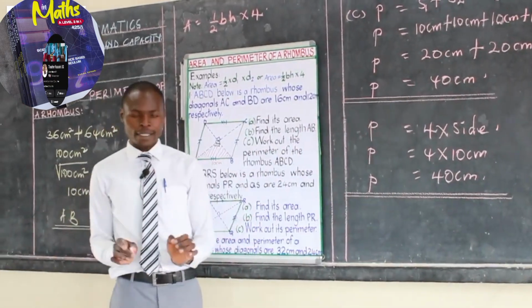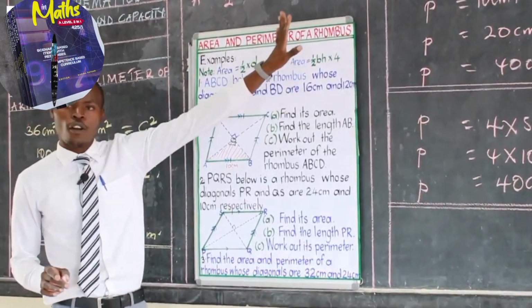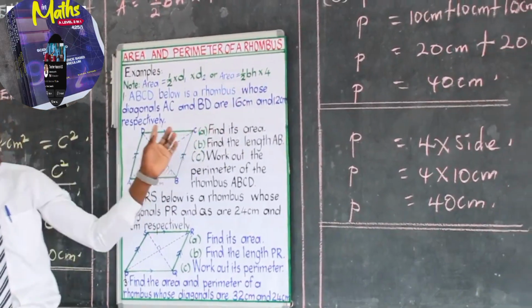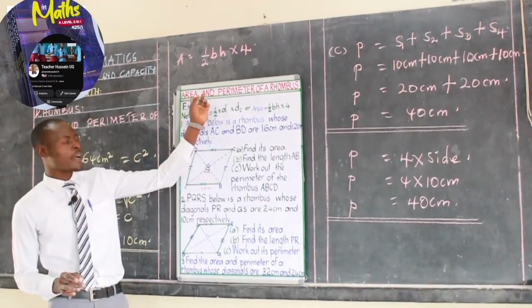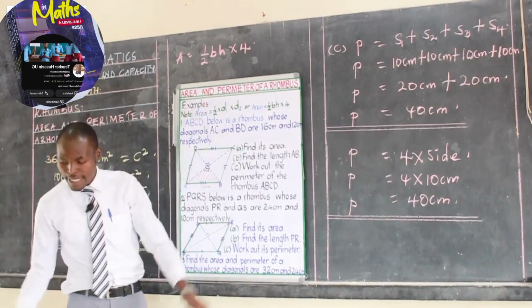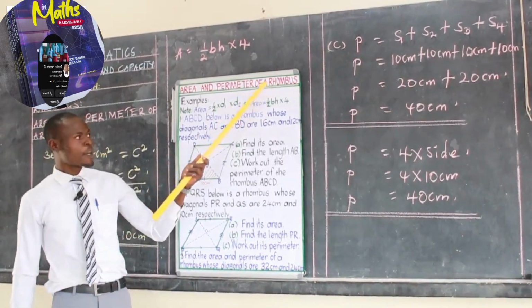Class, as I summarize, we've looked at the area and perimeter of a rhombus. I hope everyone out there is able to define, one, area, two, perimeter, and lastly, the polygon we are looking at. The polygon is a rhombus.